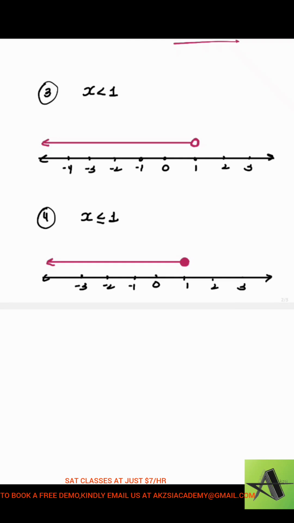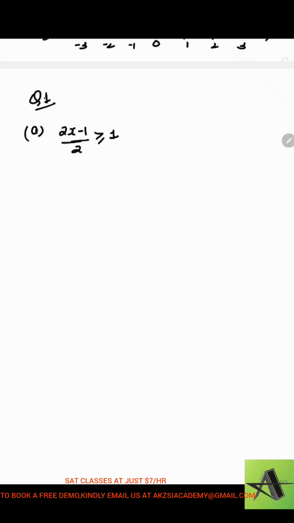Let me see some questions on how we can solve them. Well, if you know how to solve equations, it's very easy to solve any linear inequality. Now, since it's a fraction, I need to isolate x. I will multiply 2 to both the sides. That will be my first step.